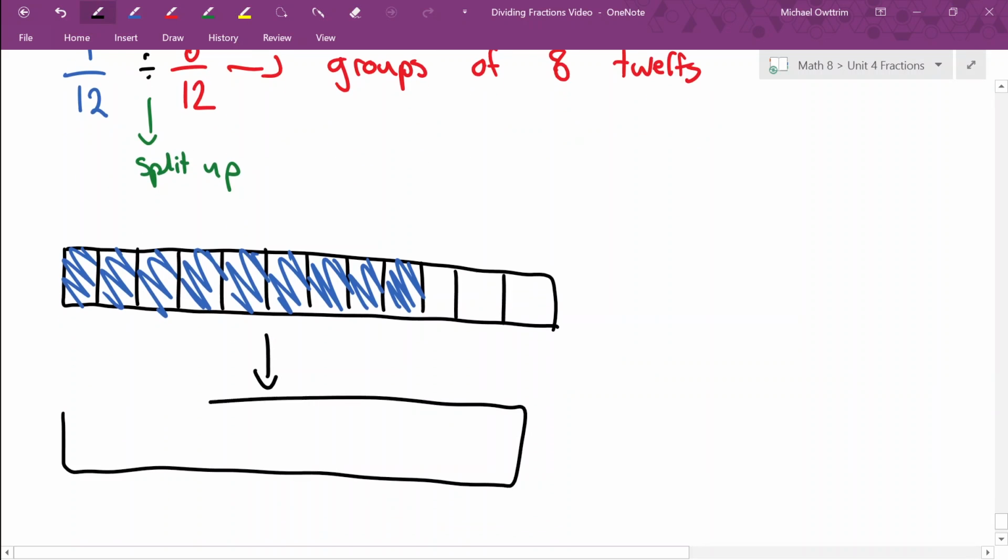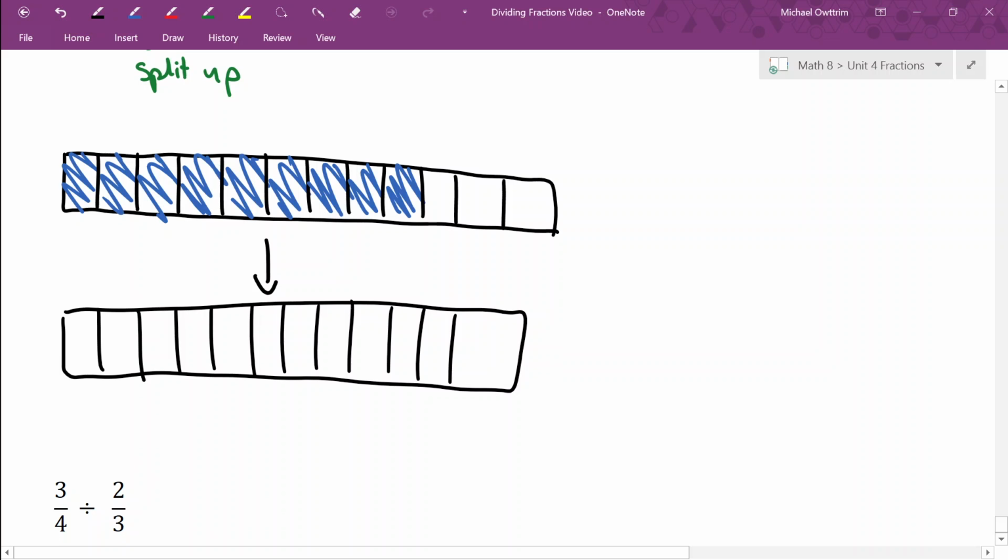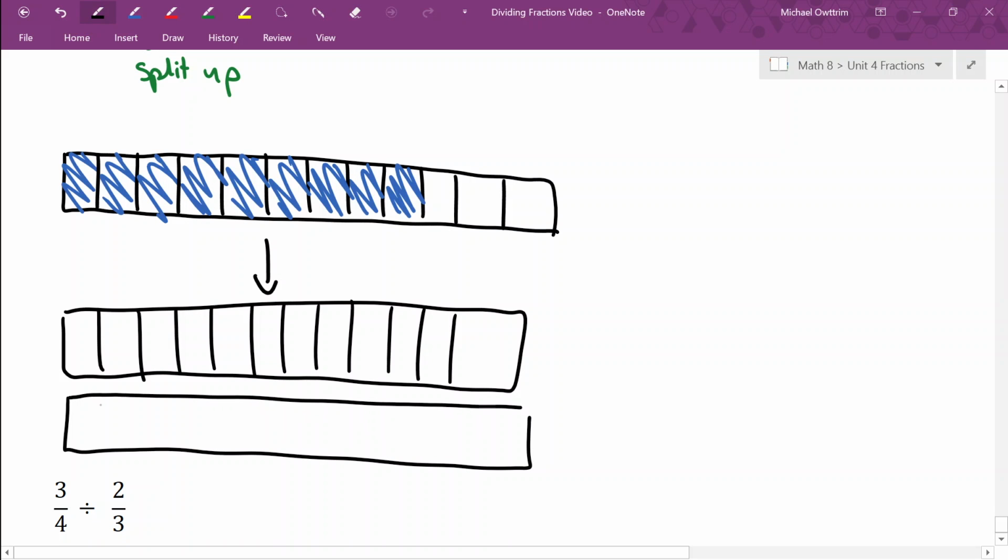So here's another whole. 1, 2, 3, 4, 5, 6, 7, 8, 9, 10, 11 lines. I actually need a spare one. Look how perfect these are. 1, 2, 3, 4, 5, 6, 7, 8, 9, 10, 11. Perfect.